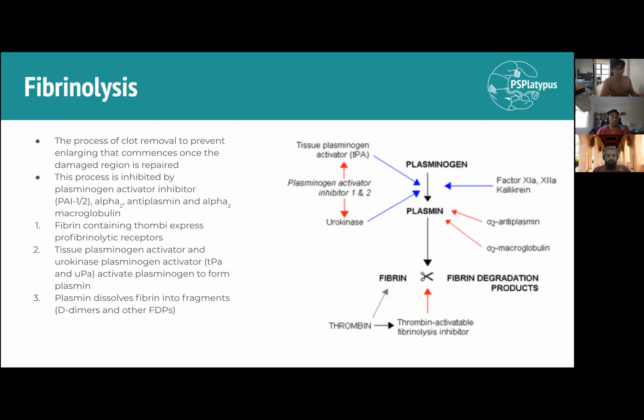However, once the wound has healed, the levels of the inhibitors are reduced, resulting in plasminogen being converted into plasmin, and then plasmin breaks down fibrin into its degradation products. And then these products are often measured in tests to work out if the patient has any clotting problems.